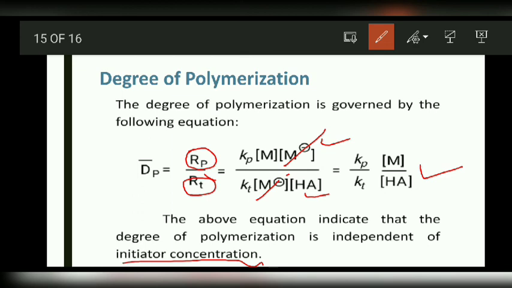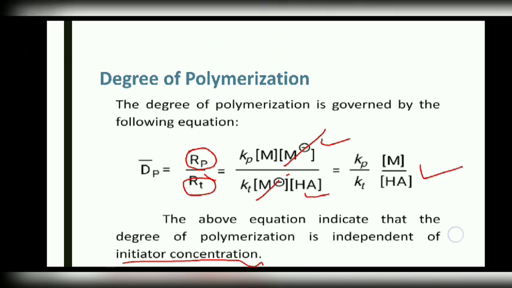Here there is no A minus term, isn't it? There is no anion term. That is why we can conclude this degree of polymerization is independent of initiator concentration. Fine. Yes. This is all about the mechanism and kinetics of anionic chain polymerization. Thank you.